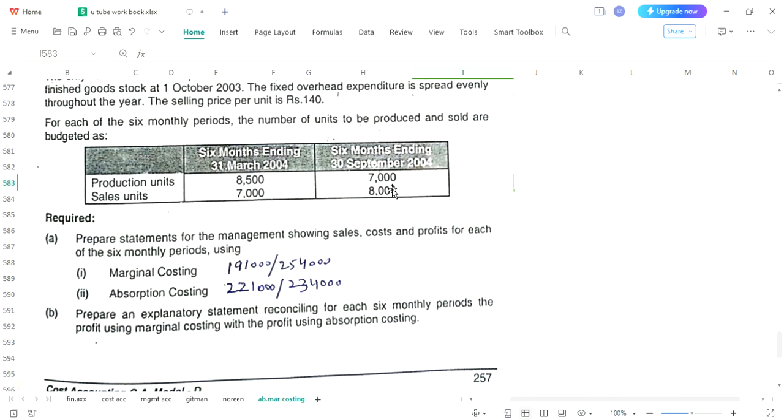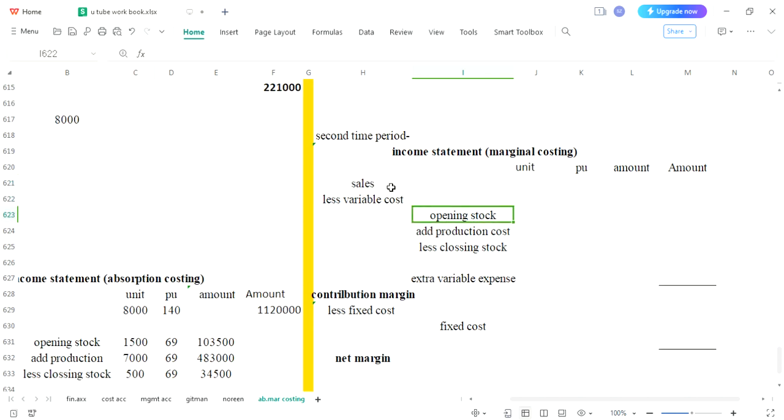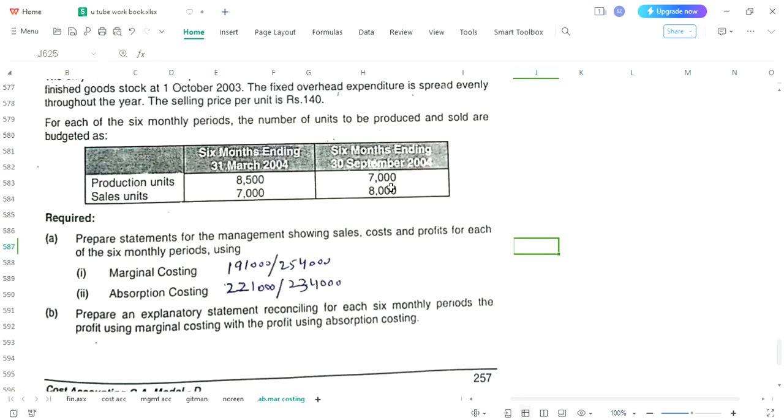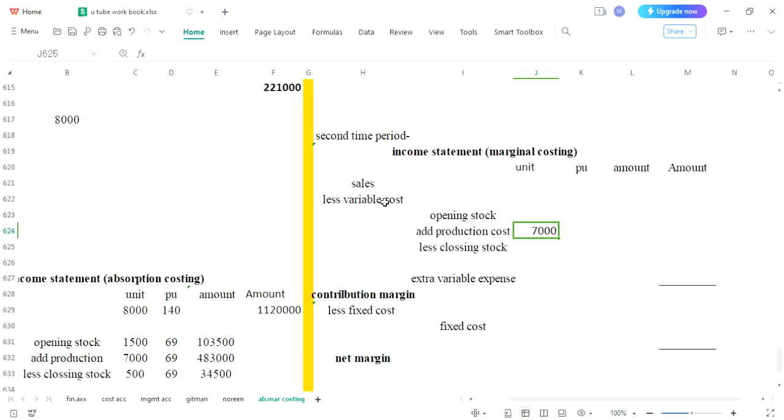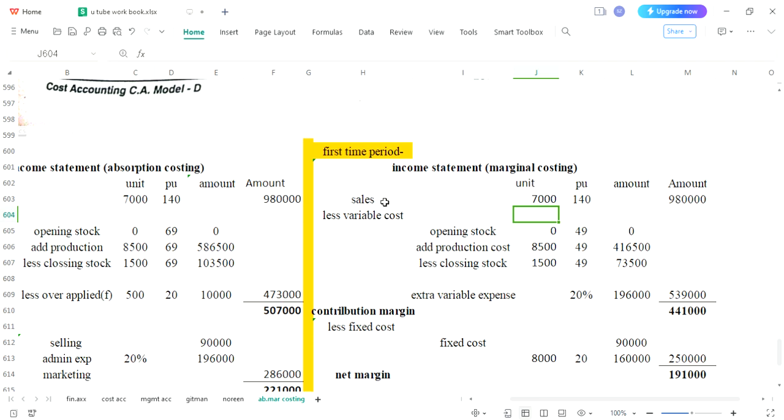Produced units are 7,000. Write down in front of production. And then sold units are 8,000. Put it in front of sales. Then we need to have per unit cost.